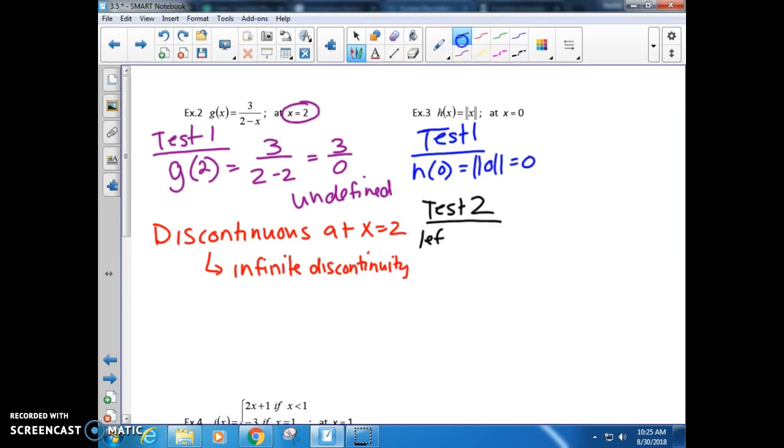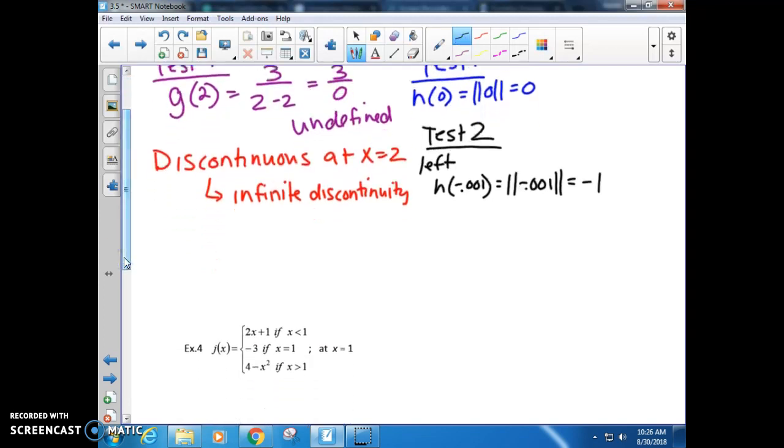So from the left, we would want to test from the negative side, so -0.001. If we plug that into the greatest integer function, we actually end up getting -1 because it's less than or equal to.